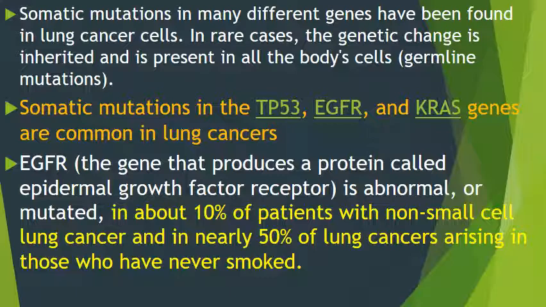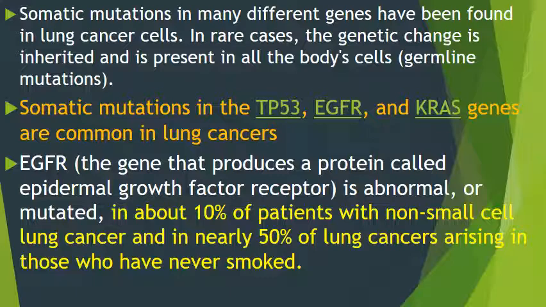The genes that undergo somatic mutation in lung cancer include p53, which you know is a tumor suppressor gene, the epidermal growth factor receptor gene, EGFR, and the KRAS gene. Those are commonly seen in lung cancer.